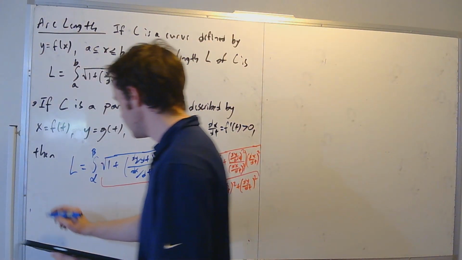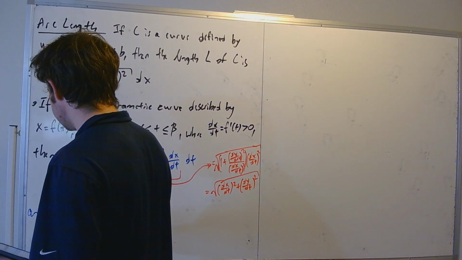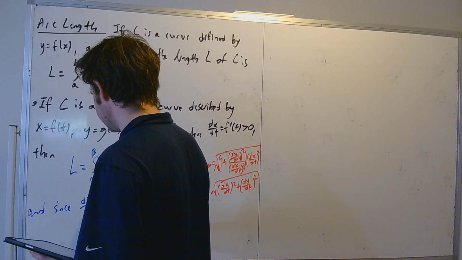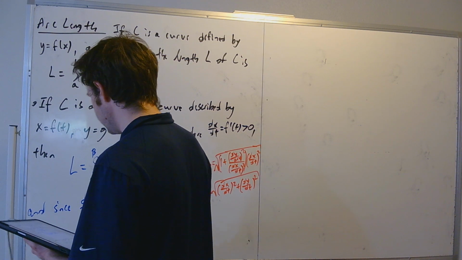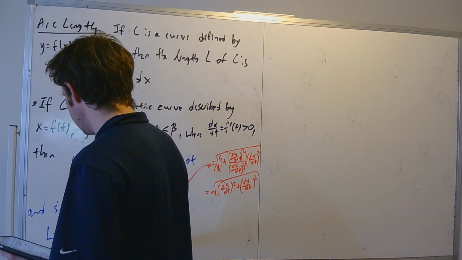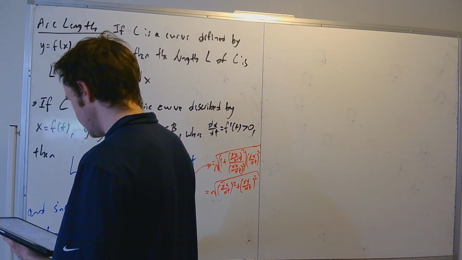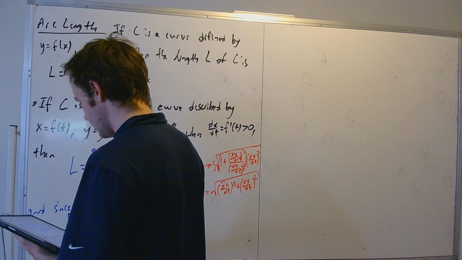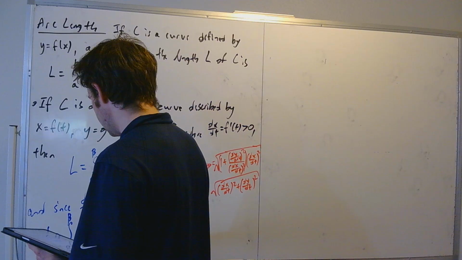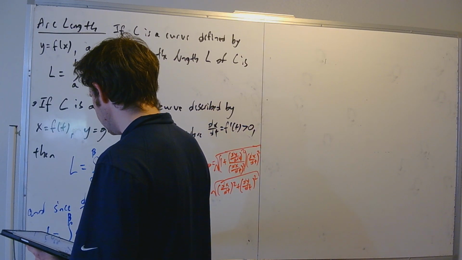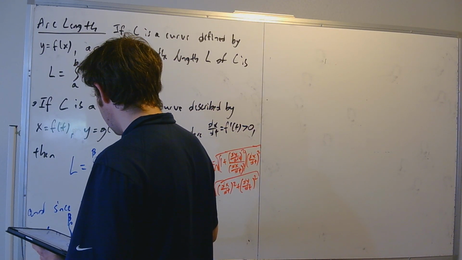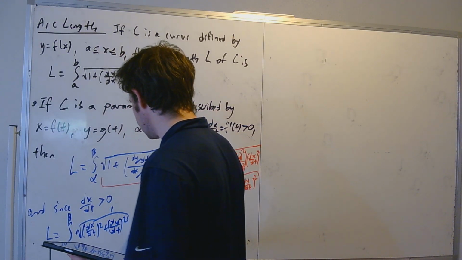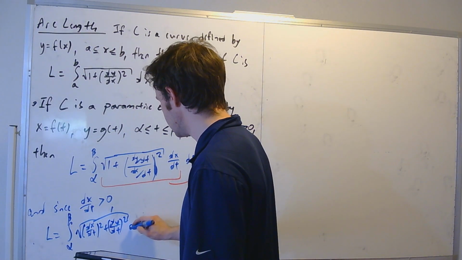And since dx by dt is positive, we can write L equals the integral from a to b, from alpha to beta, of the square root of dx by dt squared plus dy by dt squared, square root of that thing, dt.